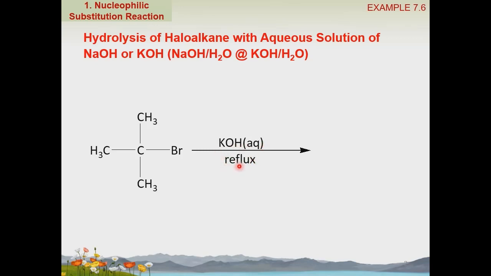Together with reflux, it is going to substitute Br with a hydroxy group. So let's do the product here: CH3, C, CH3, CH3, and the Br is going to be replaced by a hydroxy group.